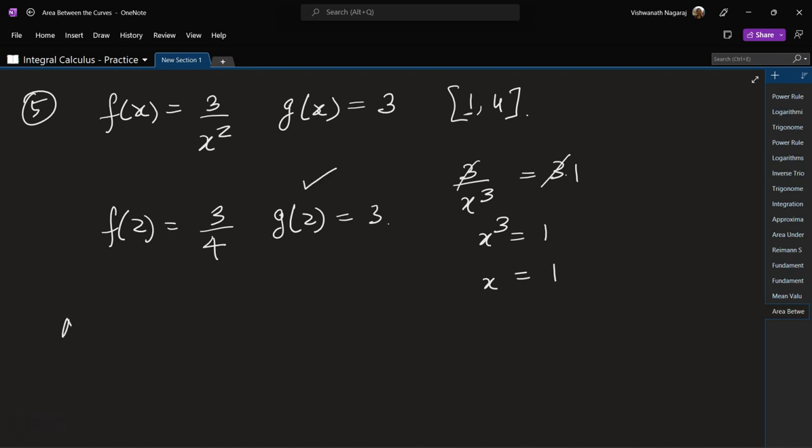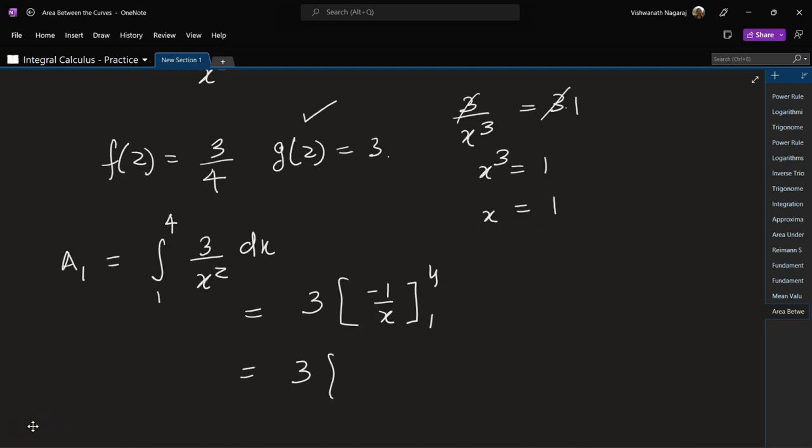Okay, so area 1 is equal to the integral from 1 to 4 of 3 by x square dx, which gives us 3 times x to the power of minus 2 plus 1. This would be minus 3 by x from 1 to 4.